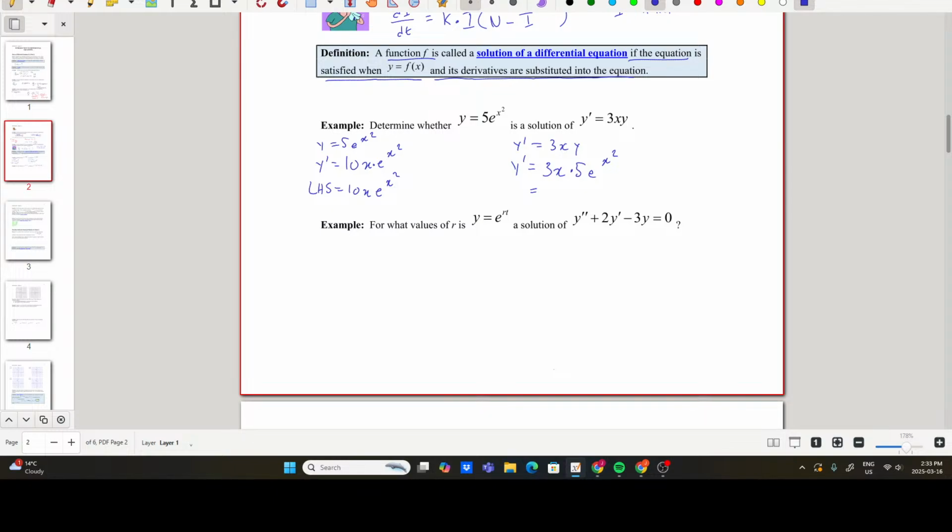This will not equal that no matter what I do, because when I simplify this, I get 15x e to the x squared, which is not equal. So left-hand side is not equal to right-hand side. Therefore, not a solution.